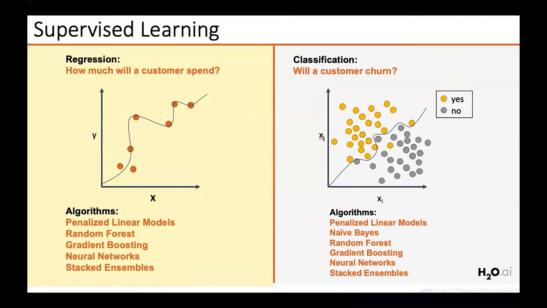On the other hand, if your motive is to identify a category, whether a person will churn or not, whether this email is spam or not, so distinct categories, such problems are referred to as classification problems. Whereas in regression problems we try to create a regression line, in classification problems we try to differentiate between the two classes, and the better the differentiation, the better is our model's performance.